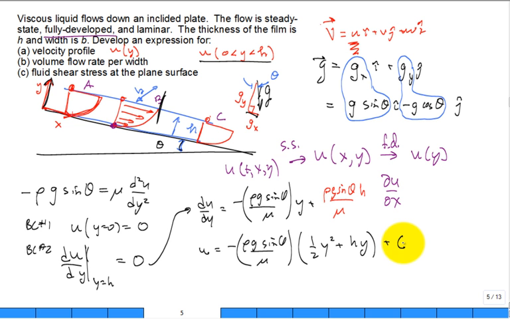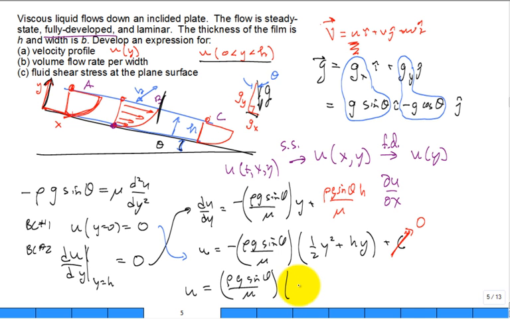And then let's apply this boundary condition. If you apply that boundary condition, what does it tell you about the constant c? It has to be 0. And now we just rewrite, and we get u is equal to, depending where you want to put the negative, rho g sine theta over mu is a constant.